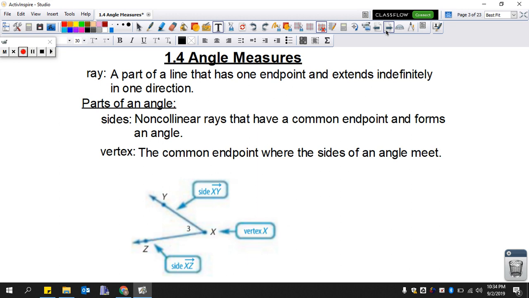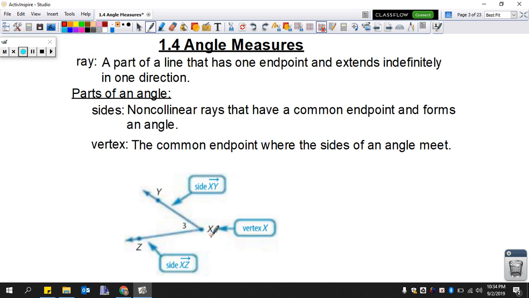The vertex is where the two rays or the two sides of an angle meet. In this case, the sides are X and Y, and X and Z, and the vertex is X.